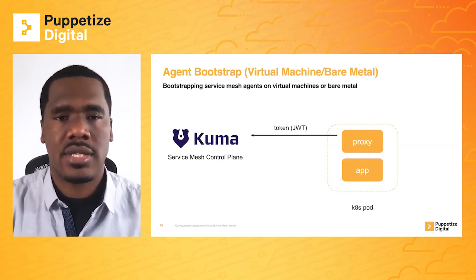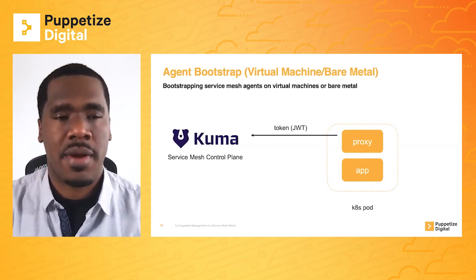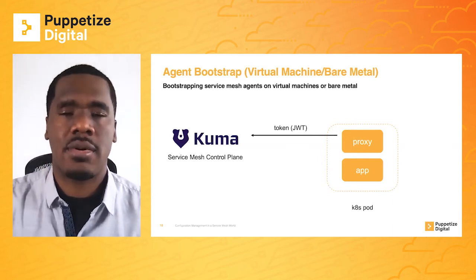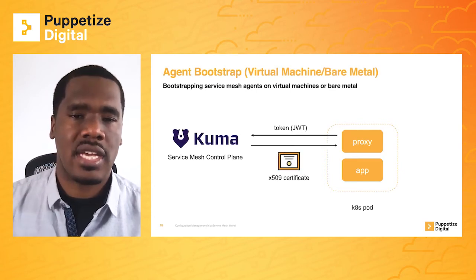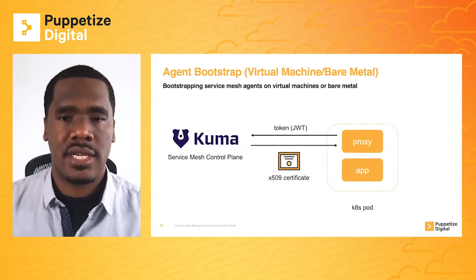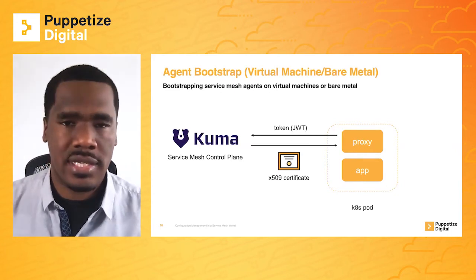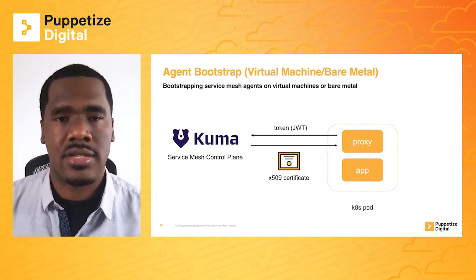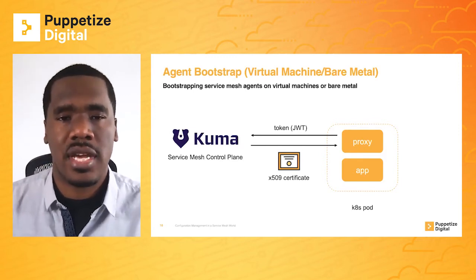In this particular case, there's a JWT token that is needed, that is presented from the proxy to the Kuma mesh in this particular example. And so we want to present that and then get back an X509 certificate. The challenge is, where does the proxy get that initial token from? In the particular case of the Kubernetes example, it leveraged a service account, which is provided to every container, or in this case, every pod in a Kubernetes environment.